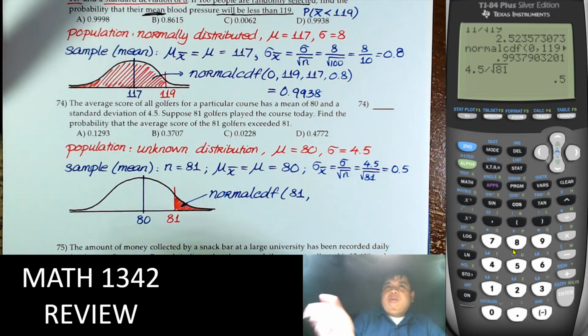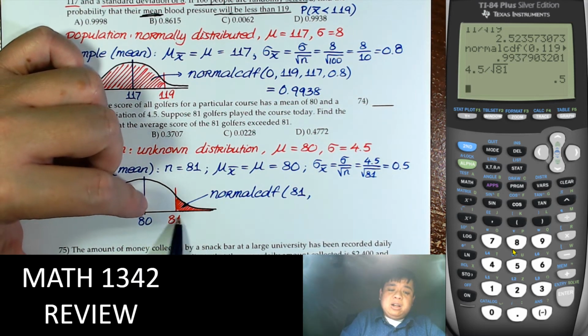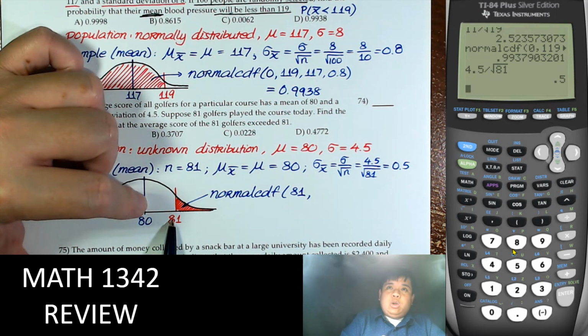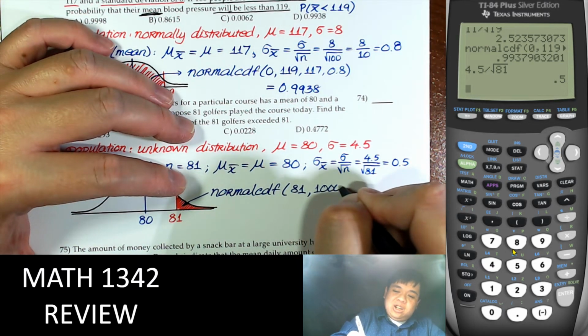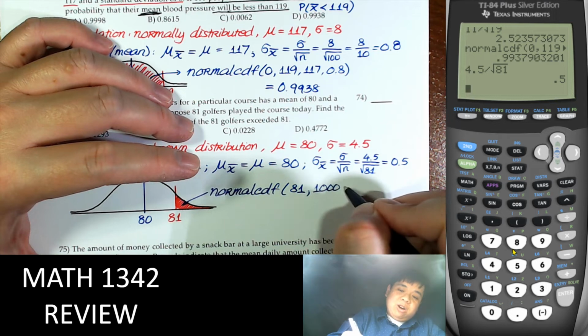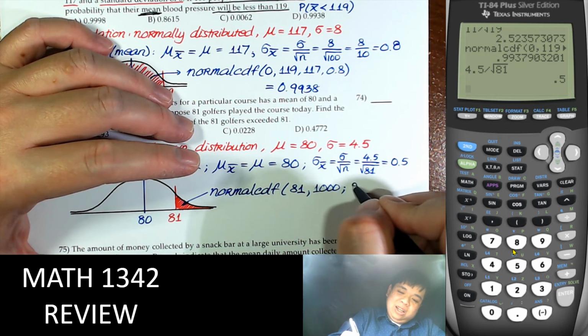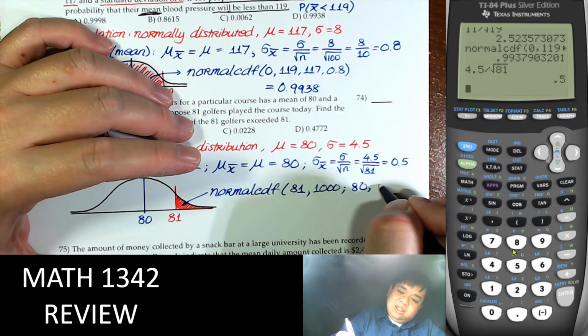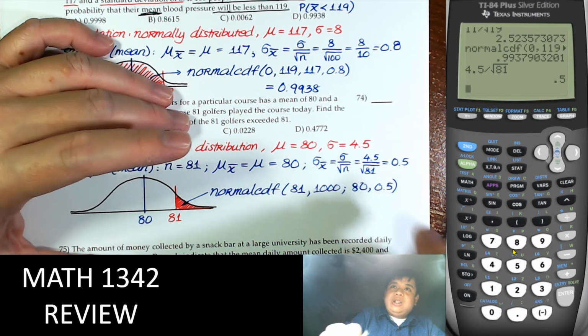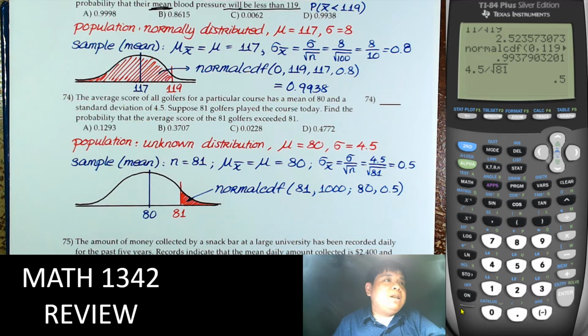And the big number will be something significantly bigger than these two, so 90 to 1000. I said it doesn't hurt to go that far. The mean is 80. Standard deviation, use this one, not that. Use the one for the sample mean. Right?